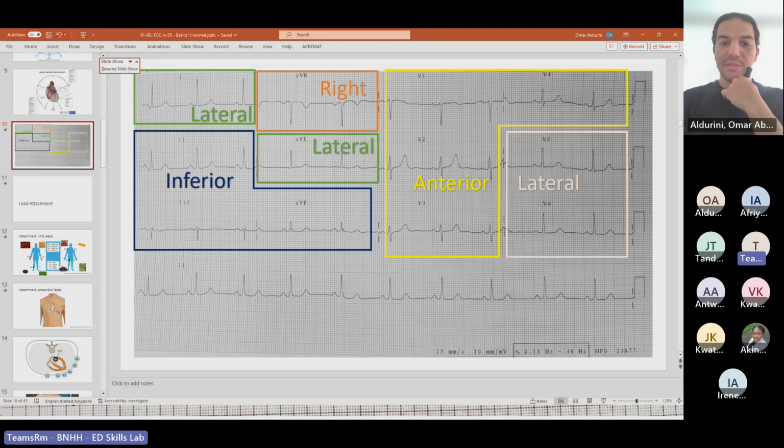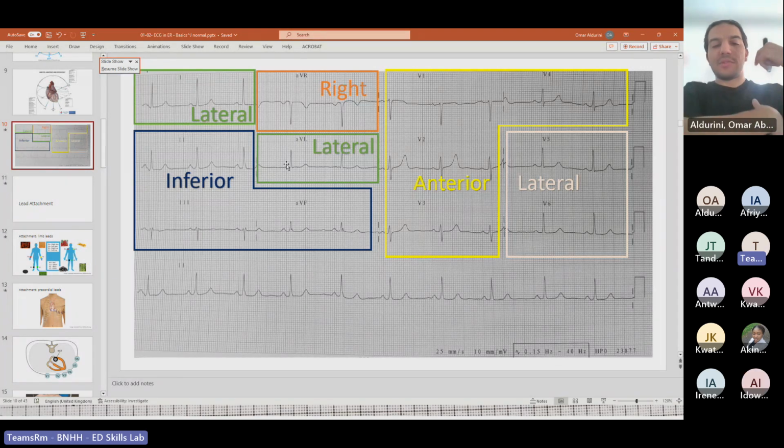V5 and V6 from the chest leads and lead 1 and aVL from the limb leads represent the lateral wall, or the left side of the heart. And the only lead, or the only camera, that is pointing to the right side is aVR, in the standard ECG that we usually do.